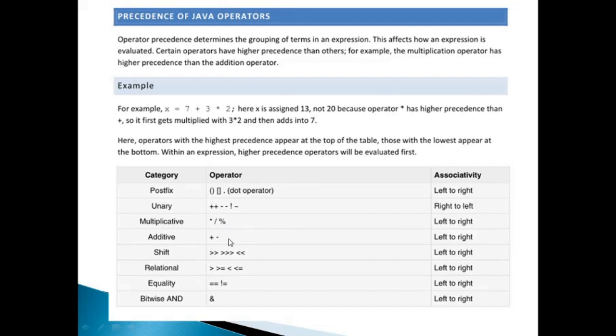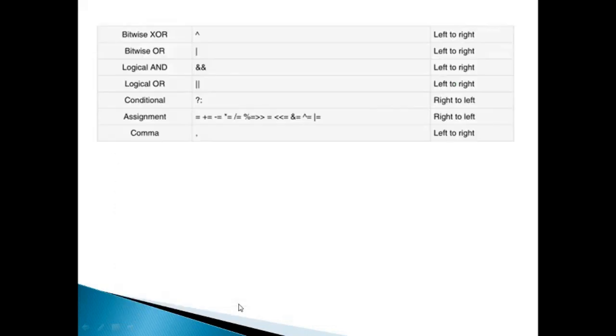Then the additive, the shift operators, relational, equality, bitwise AND, bitwise XOR, bitwise OR, logical AND, logical OR, conditional, that is the ternary operator which we discussed some time back, and then the assignment operators and the comma. So this is the whole precedence level of all the operators, and at the same time it also shows the associativity.